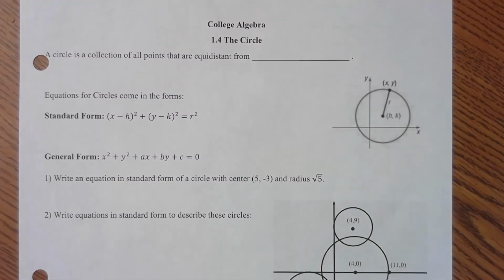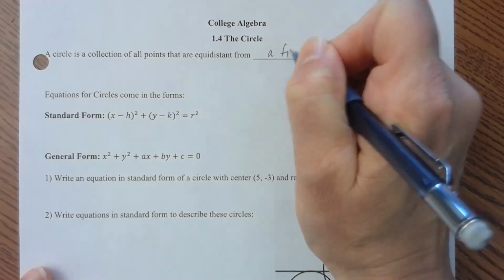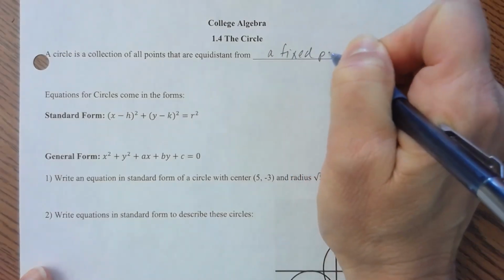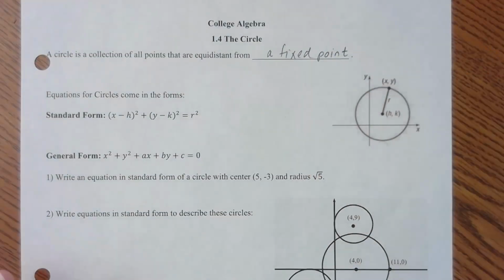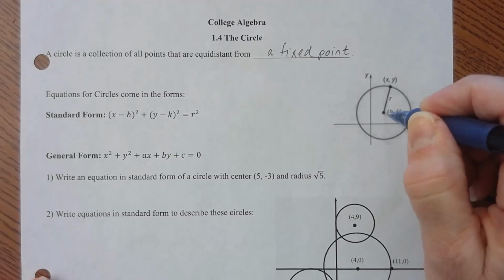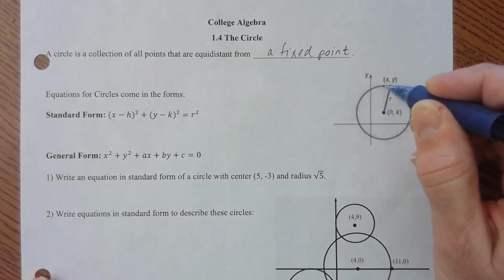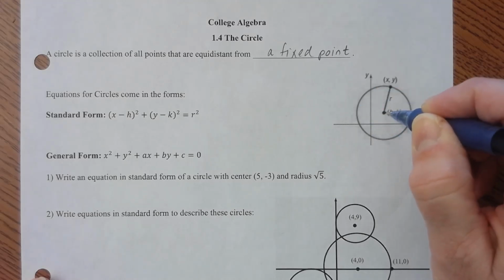The official definition of a circle is a collection of all points that are equidistant from a fixed point. If you have used a compass before to draw a circle, that fixed point is where you place the anchor of the compass, and then the pencil traces over all the points that are the same distance from that fixed point.